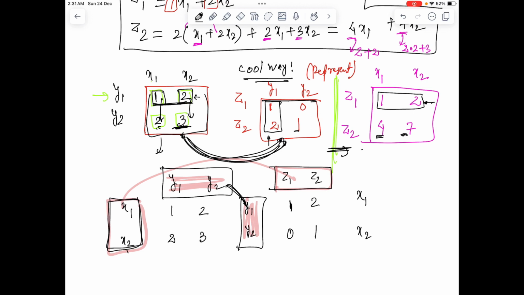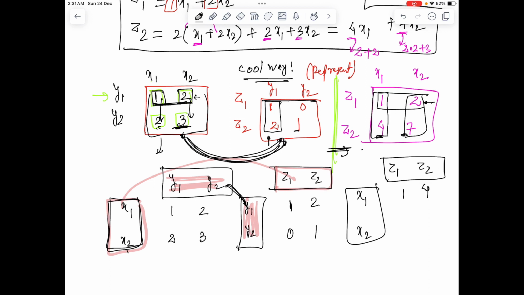So x1, x2 to preserve that mathematical structure horizontally, and finally z1, z2 vertically. So again this will be rotated. In front of x1 we have 1, 4, so that will come over here. In front of the x2 column is 2, 7, so that will come over here.